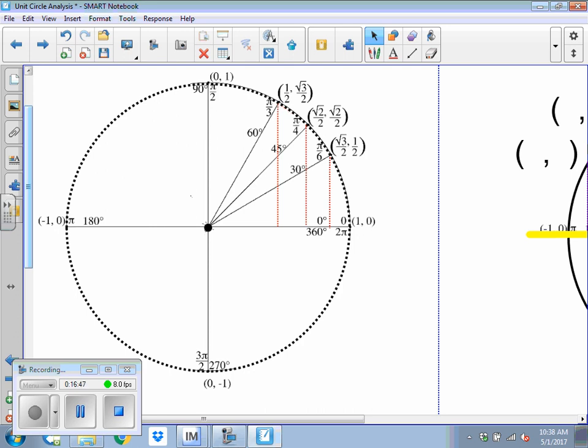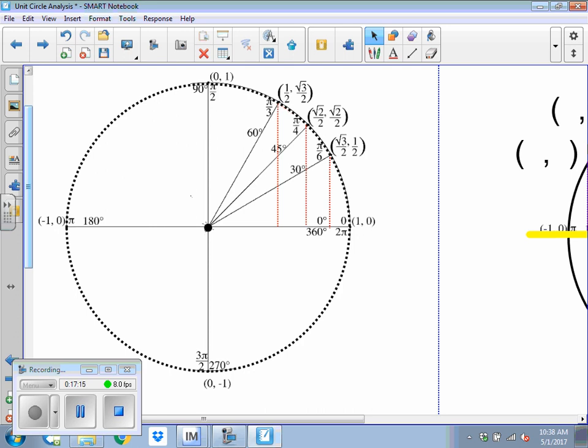So it works like this. For your x values, you start at the top, it goes square root of 1, square root of 2, square root of 3. And then it goes backwards. Square root of 3, square root of 2, square root of 1. Okay? So there's a number pattern that follows. That'll be what you'll have to memorize to draw a quick unit circle.